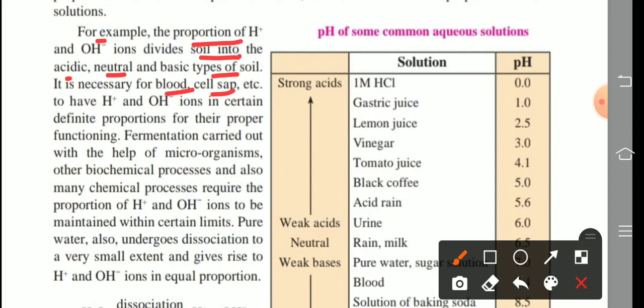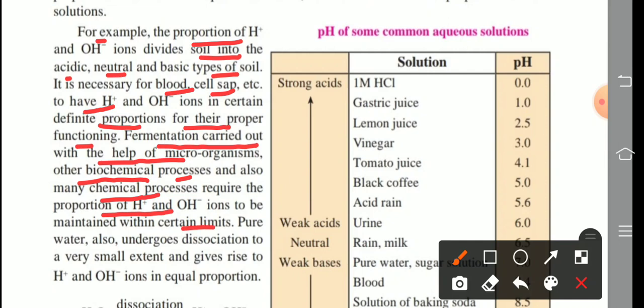Blood, cell sap, etc. need to have H plus and OH minus ions in certain definite proportion for their proper functioning. Fermentation carried out with the help of microorganisms, other biochemical processes and also many chemical processes require the proportion of H plus and OH minus ions to be maintained within certain limits.